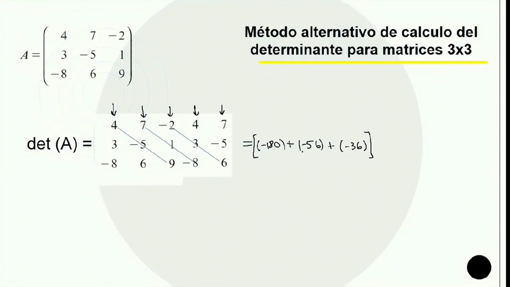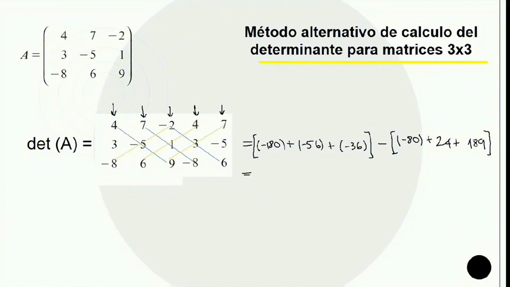And from these products of the main diagonals, we are going to subtract the sum of the products of the secondary diagonals. So we multiply minus 8 times minus 5 times minus 2, minus 80, plus 6 times 1 times 4, 24, plus 9 times 3 times 7, 189.